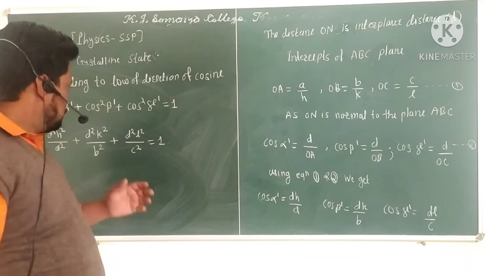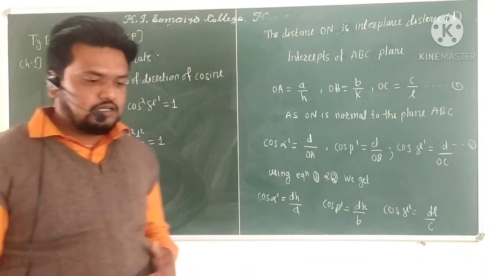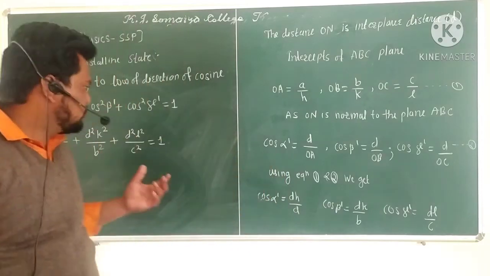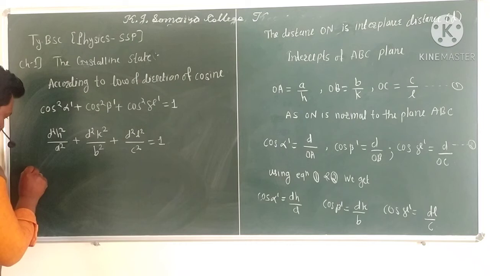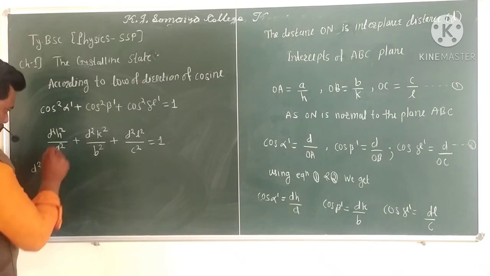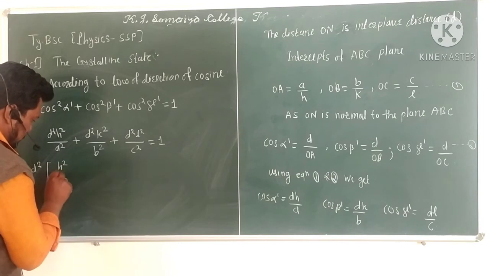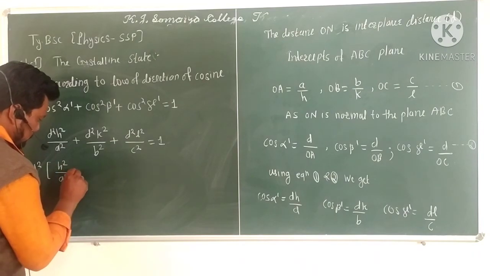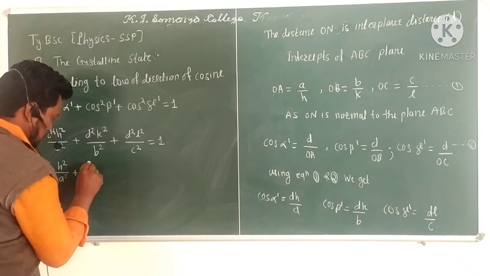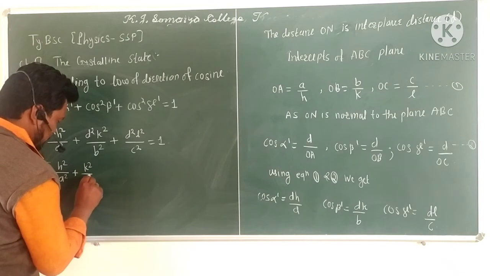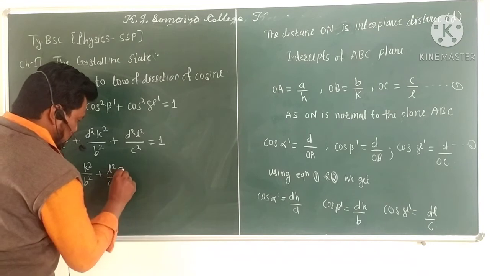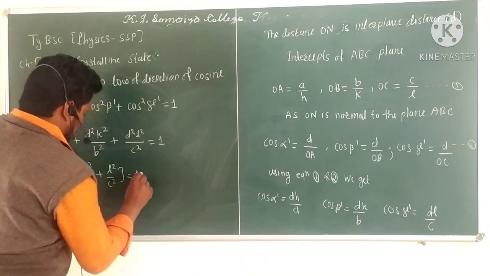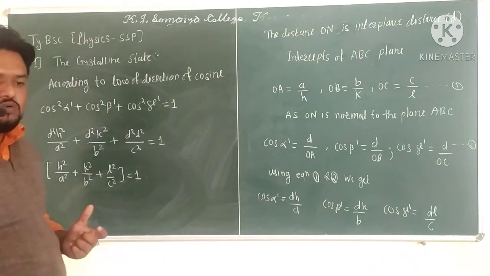Okay, so d square is common on this side, so we take it as a constant outside the bracket, and the remaining is h square upon a square plus k square upon b square plus l square upon c square, which is equal to 1.